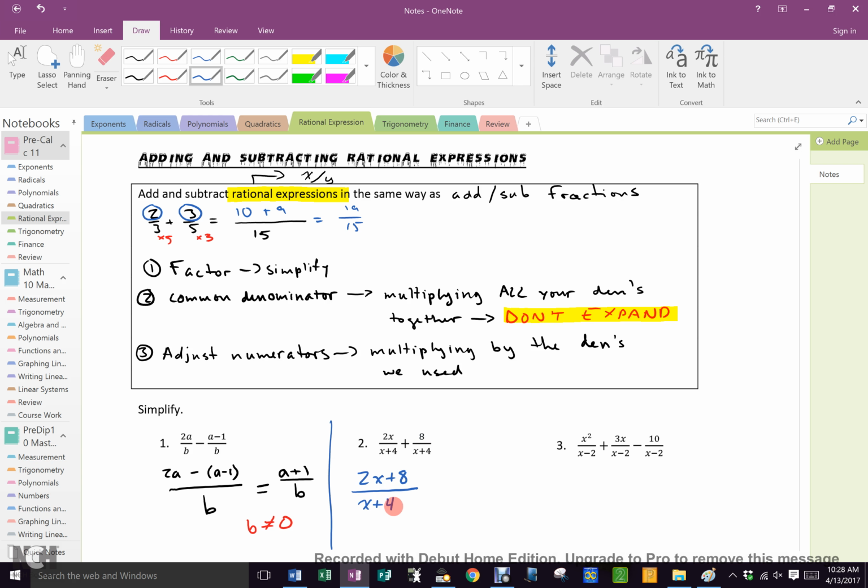Factor, factor, factor, factor. When should we factor in Math 11? Every single expression you see that is factorable should be factored. Do you see a factorable expression there? What? I can take out a 2 here. (x plus 4) over (x plus 4).